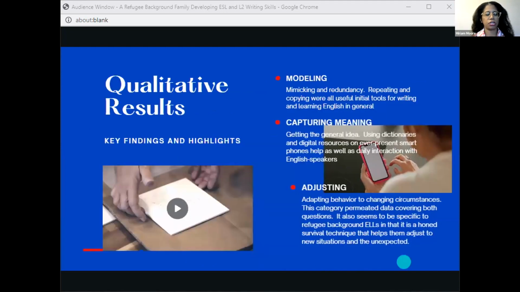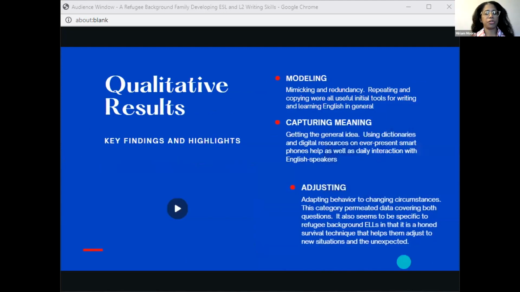Capturing meaning was getting the general idea, using dictionaries and digital resources like smartphones to translate or Google things. Adjusting was adapting behavior to changing circumstances, and I also had a subcategory of coping under this one. Coping was dealing with challenges and finding ways to overcome problems.